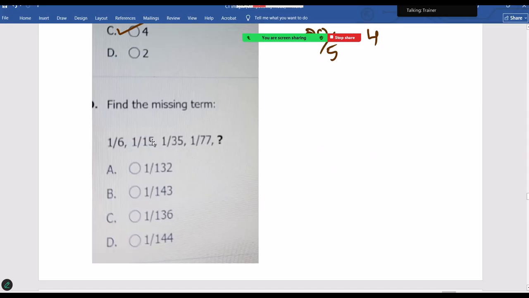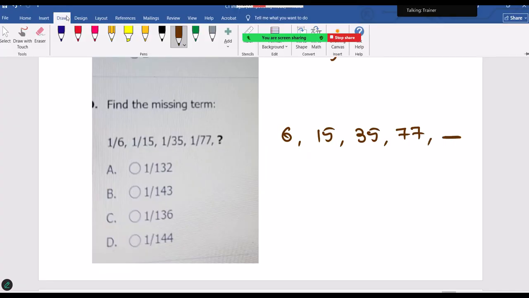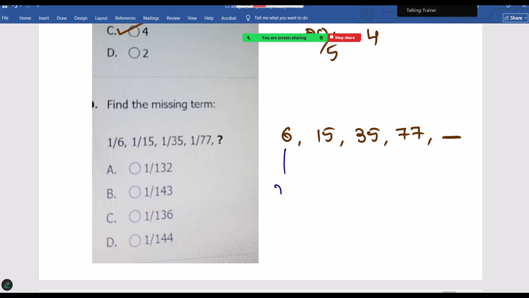What about this one? 1 by, 1 by, 1 by, 1 by is common. See the denominator values: 6, 15, 35, 77 and blank. This is also a typical question. Don't say the options are wrong. This is the prime numbers product 2 into 3.